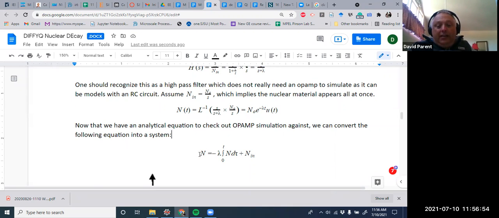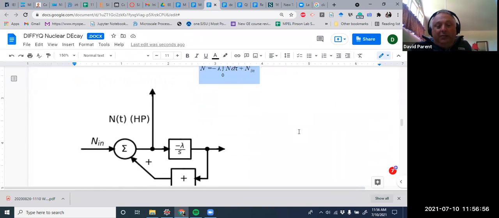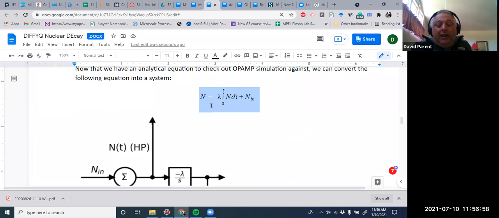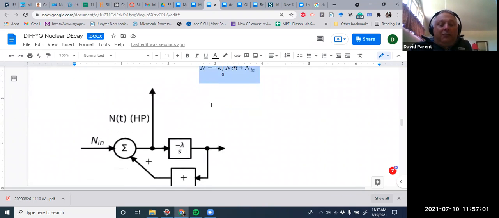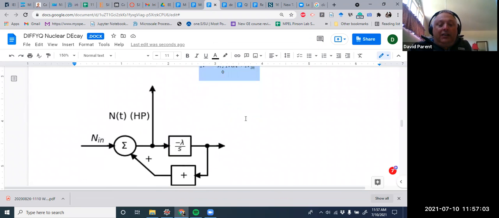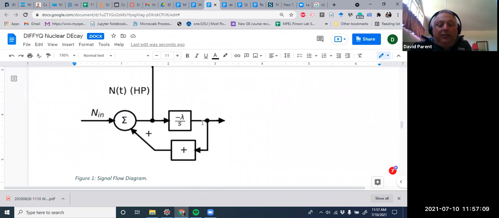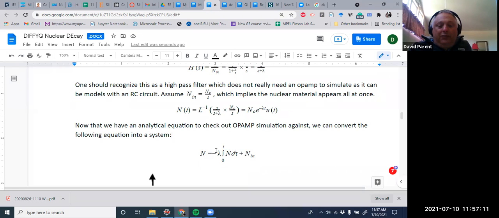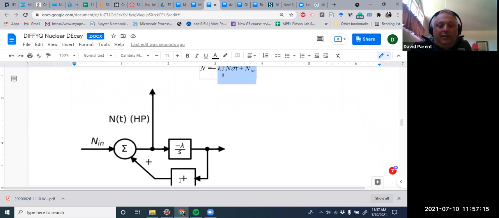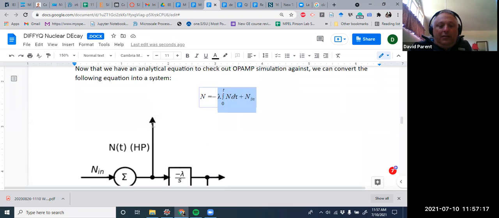So anyway, this is the equation we want to put into an op-amp. Again, we can use the S domain because it's all linear. If not, I'd have to use integrals. So here's my summer: I'm adding these two things, the integral plus the other term.